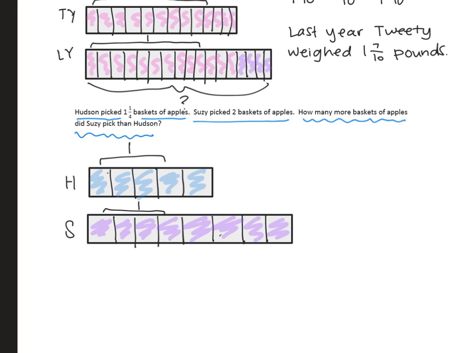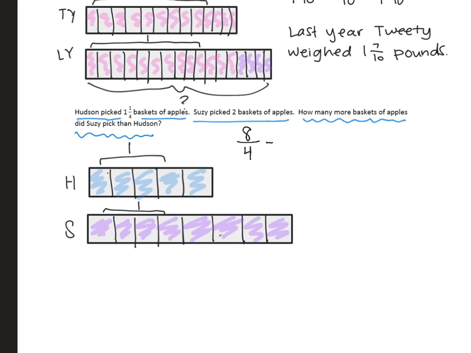Okay. So now I can write this in 2 ways, right? Susie has 2 baskets of apples, and if we were writing that in 4ths, we know that 2 baskets of apples are written as 8/4. So 8/4 is equivalent to 2 wholes.